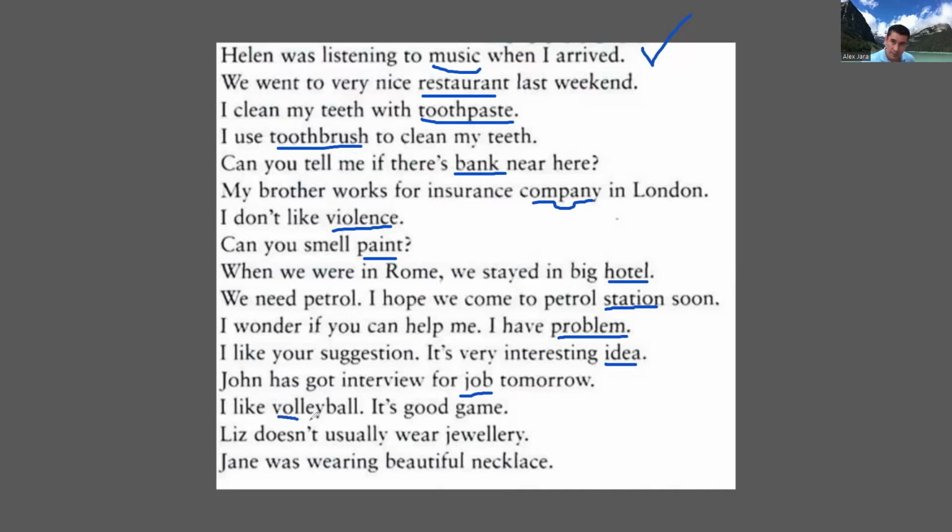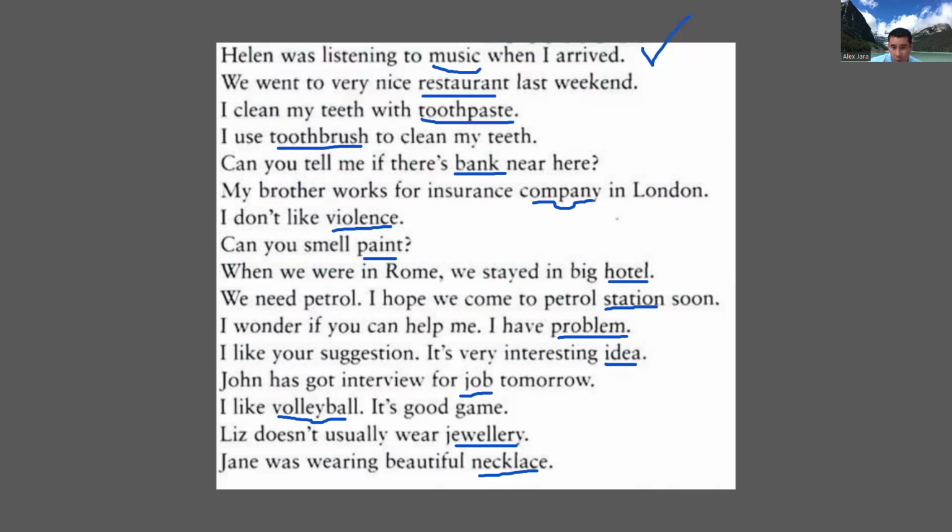Let's focus on this one here. I think I changed it. There. All right. So are they countable or uncountable?